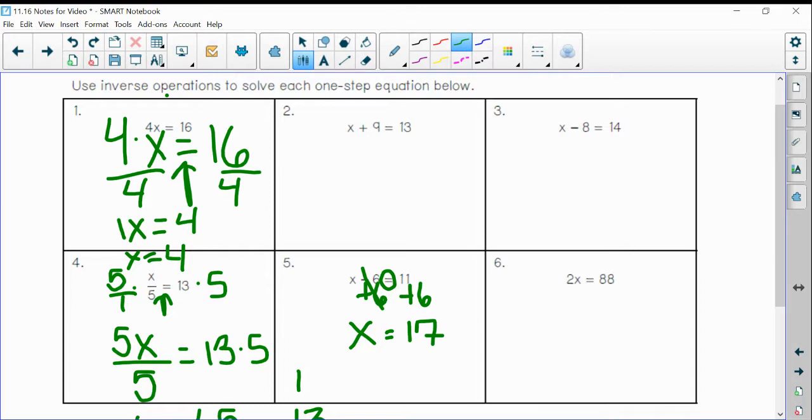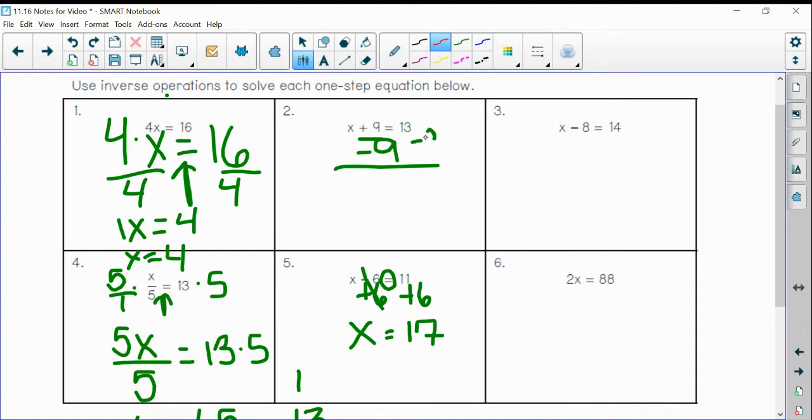Awesome. So by now you should have already had a chance to pause this. If you haven't, pause it now because now I'm going to go over this because you should have already paused this and worked through it. What did you say my inverse of addition was? Subtraction. So how do I get rid of plus 9? We use our opposite or our inverse. So we're going to subtract the 9 that we added. And again, what I do to one side, I have to do to both so that that equal sign remains true.